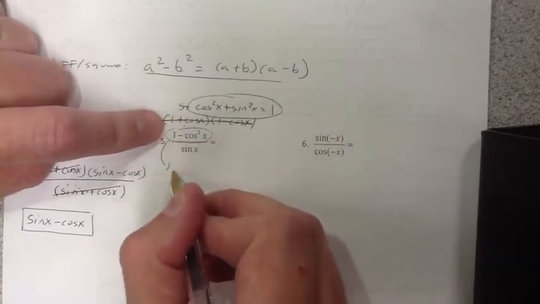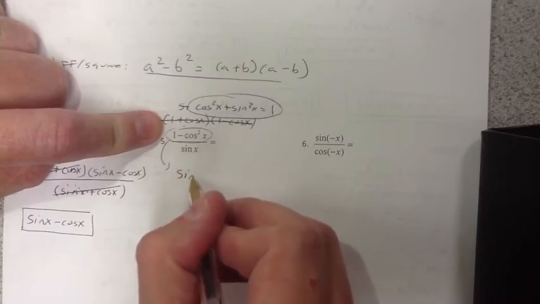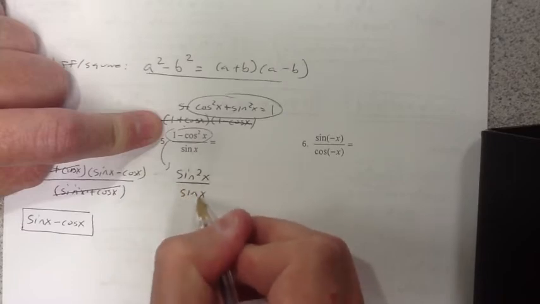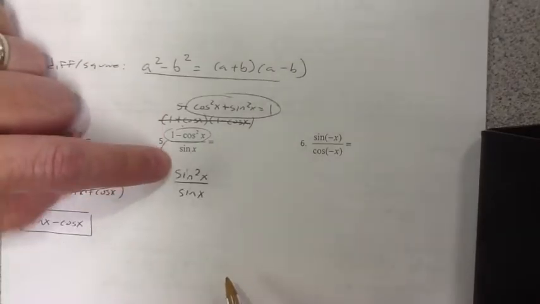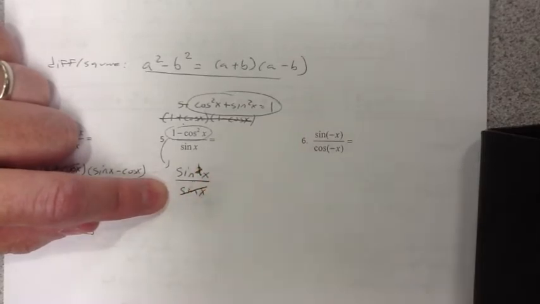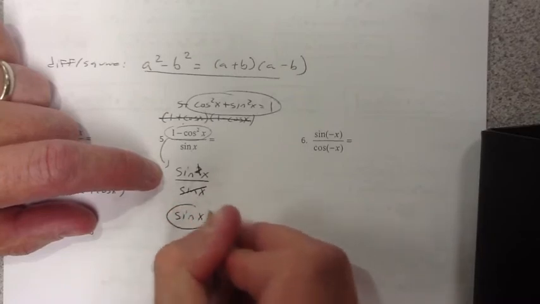So this 1 minus cosine squared is sine squared of x over the sine of x. And like anything else, if I have x squared over x, we just get x. This square cancels with this one down here, and we're left with just the sine of x.